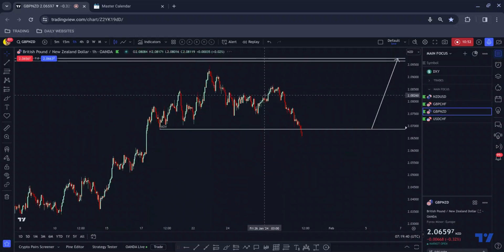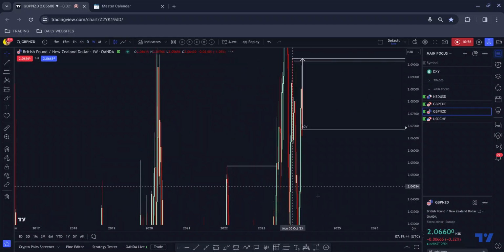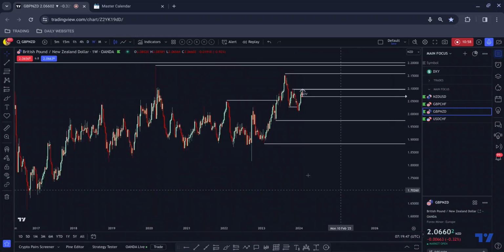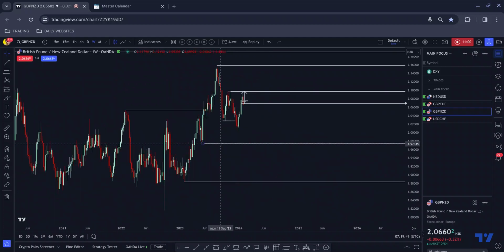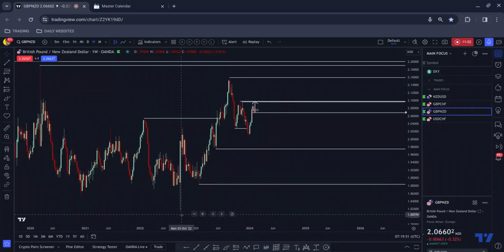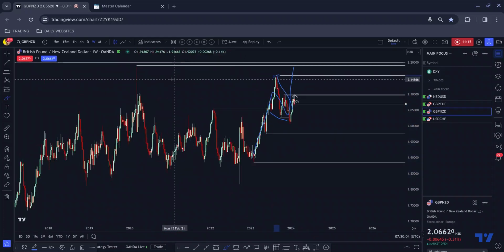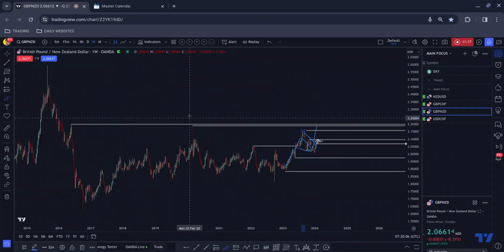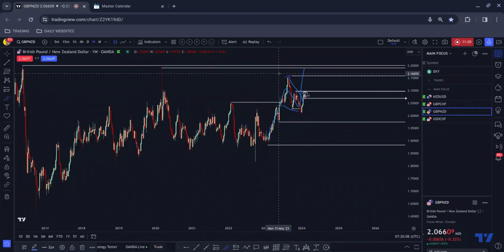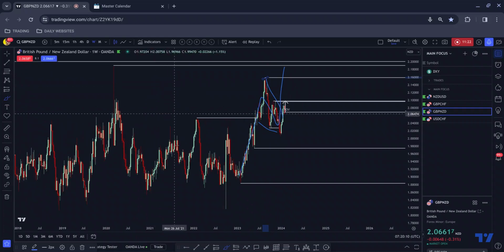So pound Kiwi, on the higher time frames. You can see here that we have this. I'm just seeing this as a potential at this moment in time because we have this 1, 2, 3 touch structure there. I'm seeing this as an impulse correction continuation to take out this high, which this wick and this high near missed too.